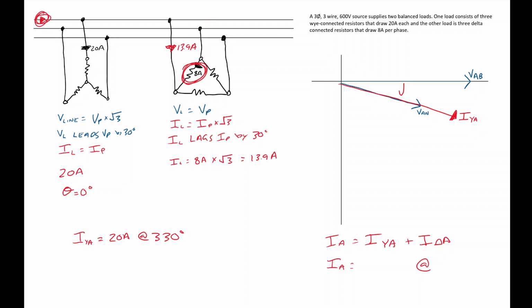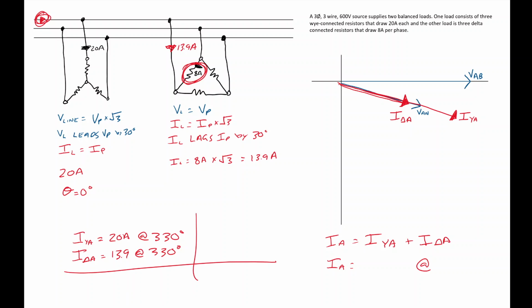So I'm going to come down 30 degrees, right, on my phasor diagram. And that puts my 13.9 amps here. So that's my I delta A. Now I add those up. My I delta A equals 13.9 at 330 degrees.